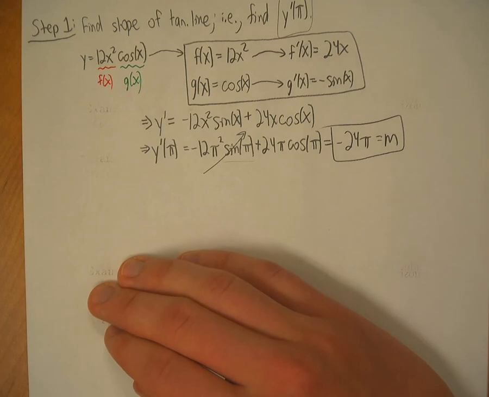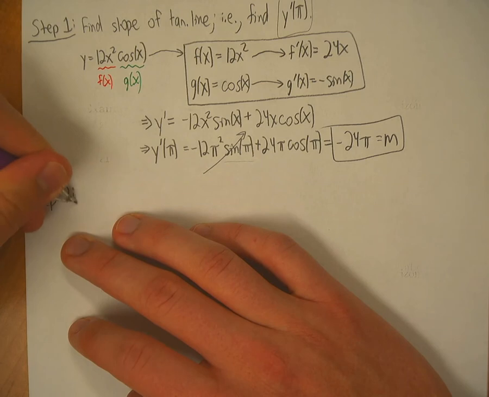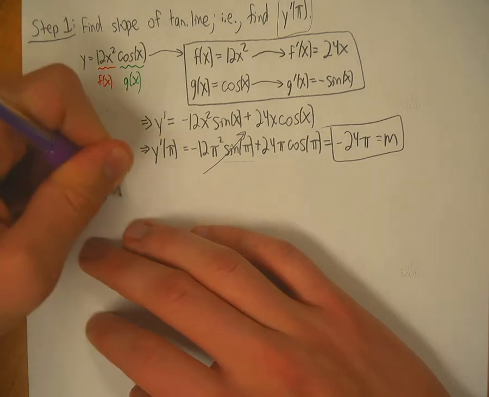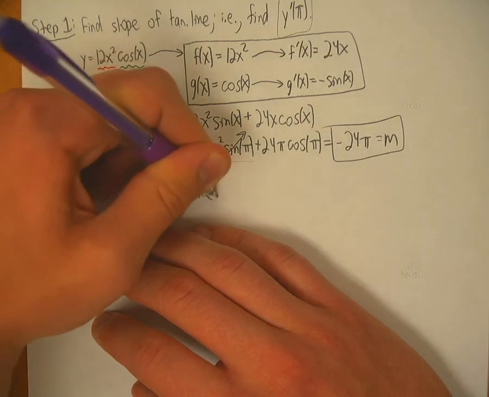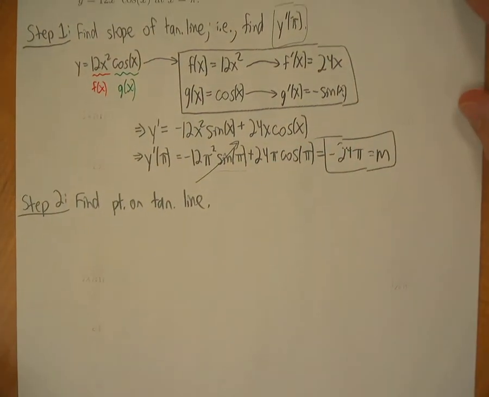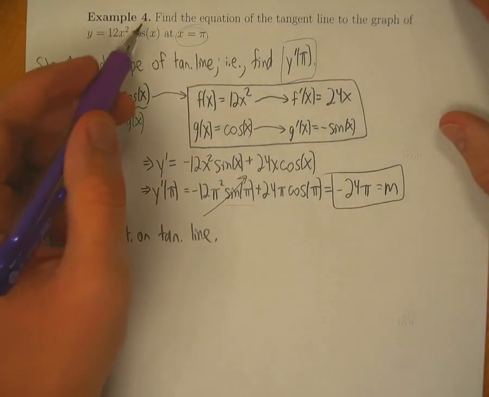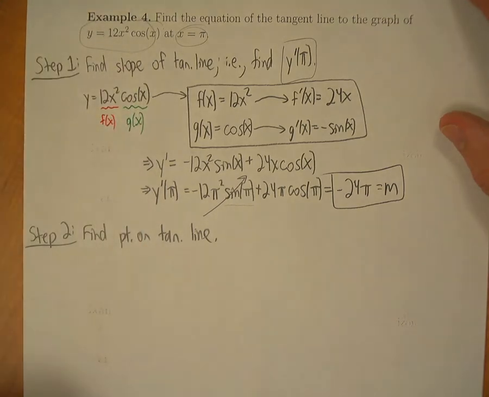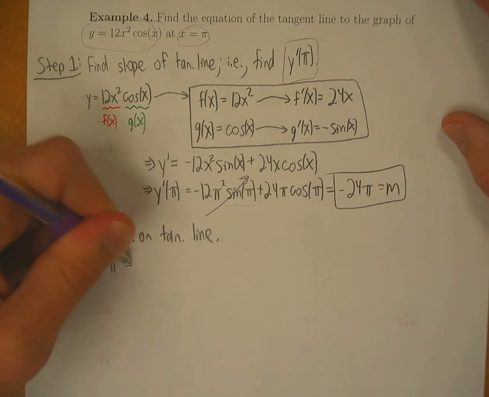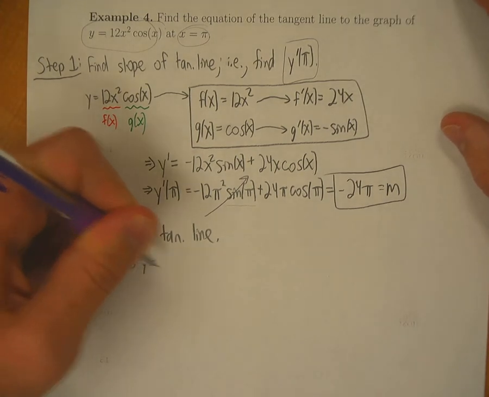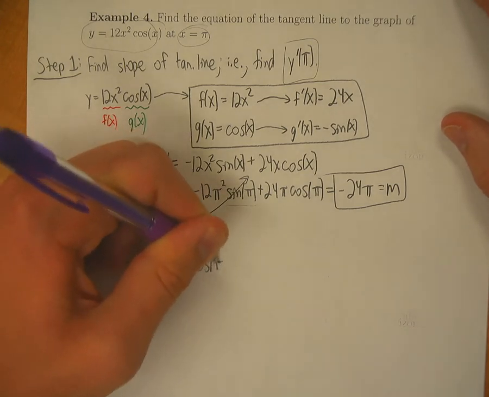So now let's go ahead and move on to step 2. Step 2, find points on the tangent. Okay? So the good news is that, as we have established, all we really need to do is take our x value and plug it straight back into our function here. So if x equals pi, then y is going to equal 12 pi squared times cosine of pi.